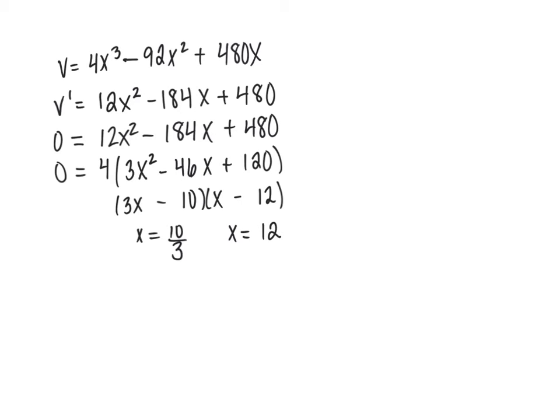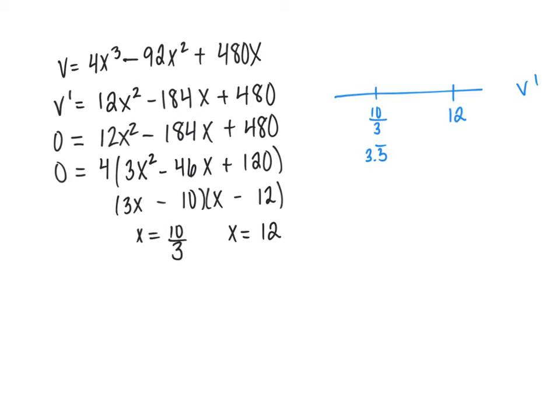So in order to figure out which one of these dimensions will give us the largest possible volume, we have no choice but to do a number line. So here we'll call V prime, and we're going to put 10/3 and 12. So 10/3 is approximately 3.3 repeated, and 12 is obviously just 12. So we have to pick numbers that are smaller, in between, and then bigger.